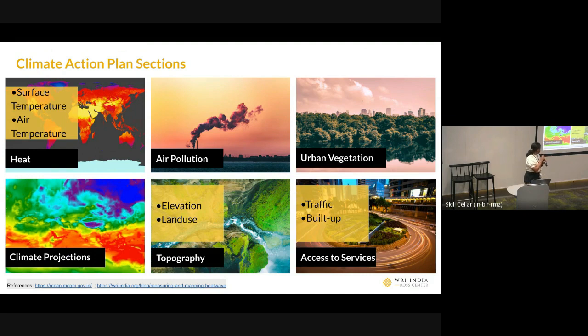And in topography, we are dependent on DEMs and land use data sets. These data sets help us understand flood-related impacts and flood projections. Then the last section is access to services.